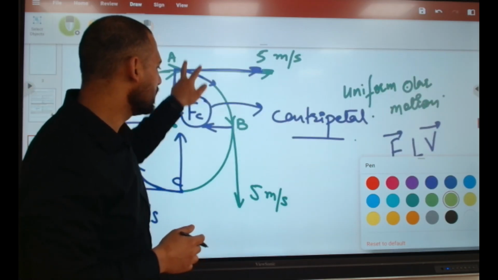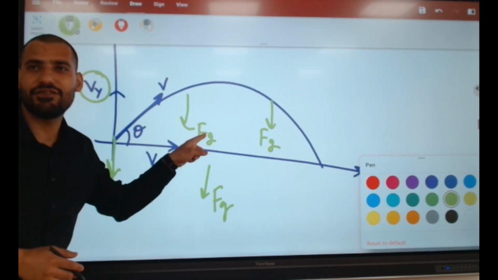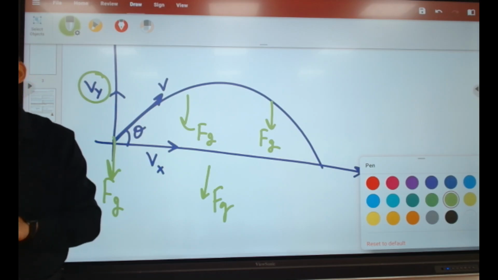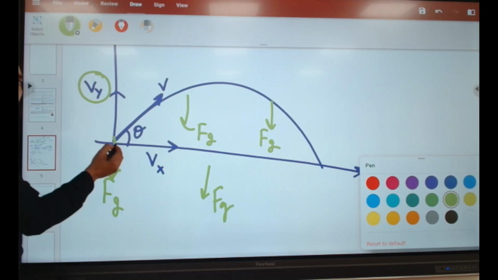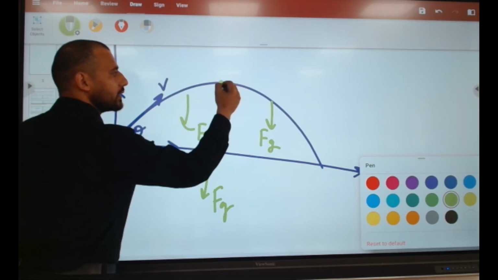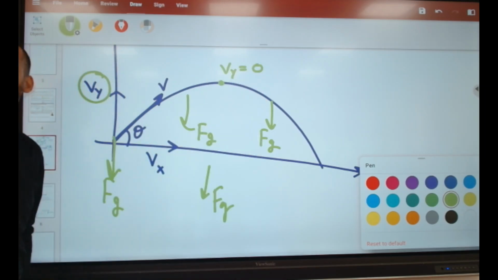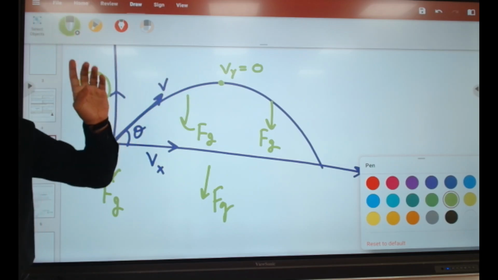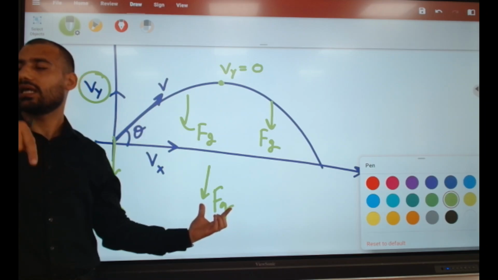That is the reason when you talk about projectile, this Fg will change Vy in magnitude. That is why initially the velocity is maximum, but at the top Vy is equal to 0. So what has changed? Vy in magnitude, because Fg was acting along the line and it was opposite.